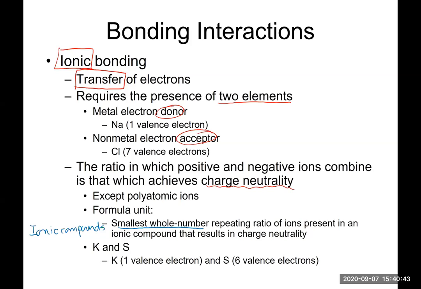Potassium, as you know, is in group 1A on the periodic table, so it has 1 valence electron. Sulfur is in group 6A on the periodic table, so sulfur has 6 valence electrons. Let's talk about how we would form this ionic compound with potassium, a metal, and sulfur, a nonmetal.